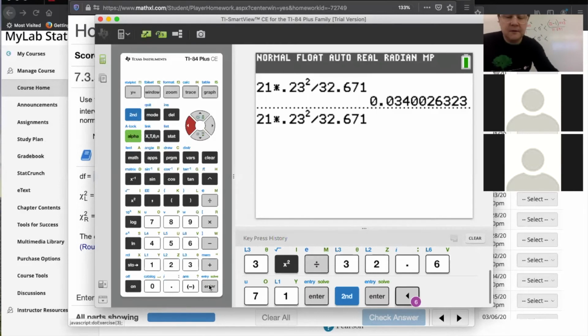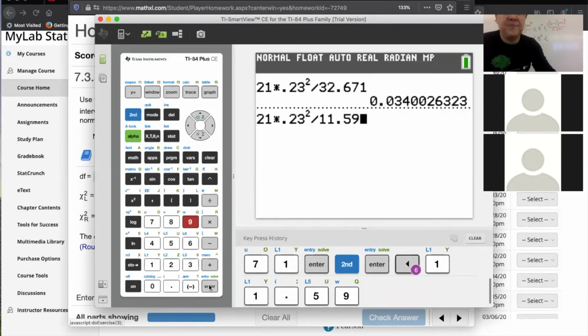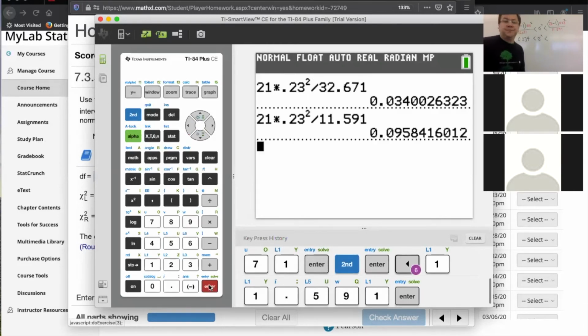So 0.0958 4, lots of other digits. I really should have written down more digits, but that's okay because all the digits are in my calculator, and I'll show you how I do that so that I don't lose any accuracy.